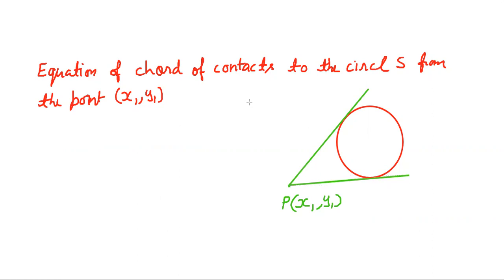Now, these two tangents touch the circle at the points we say A and B. So A and B are the points of contact. So we draw a line AB.